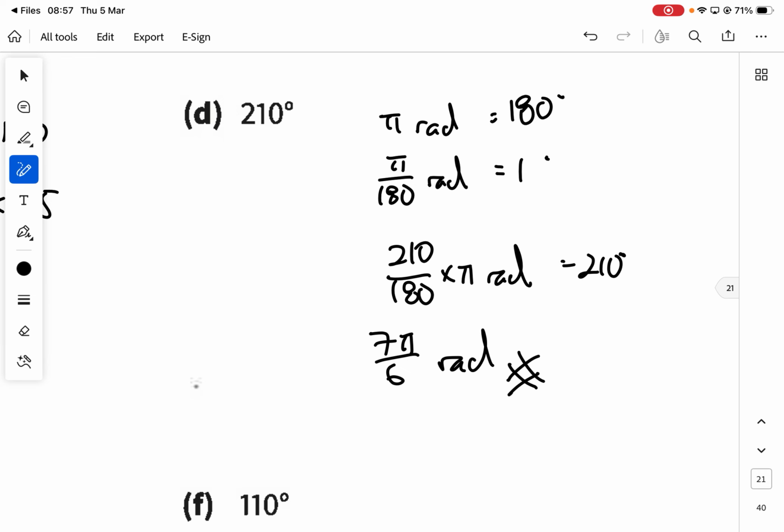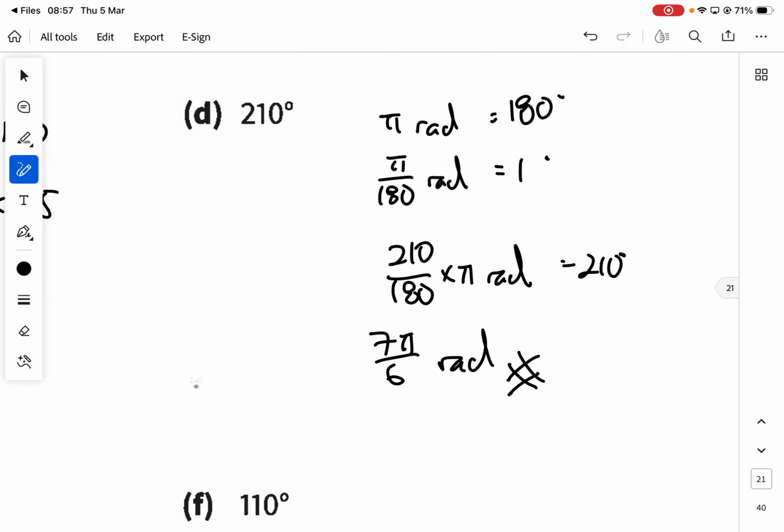Try. Should I see the first one? Okay, because pi radian is 180 degrees. So A and B are very simple.